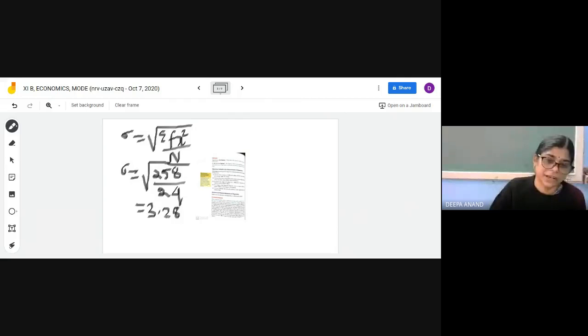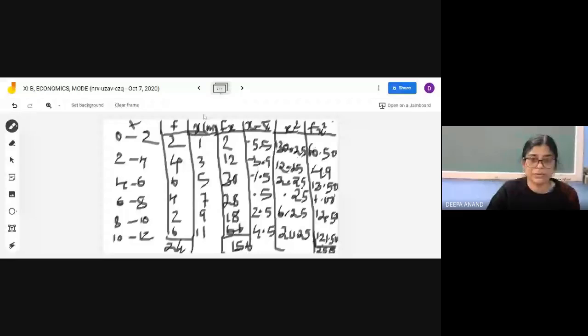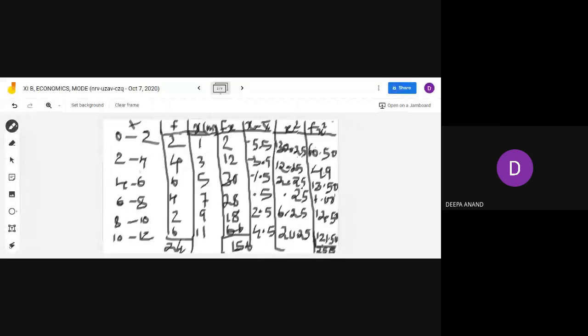If the calculator is with you, it is very easy, isn't it? 3.28, that's the answer. So let us have a look. Direct methods are continuous series, frequency. Continuous series is to be converted; we have to take the mid values.